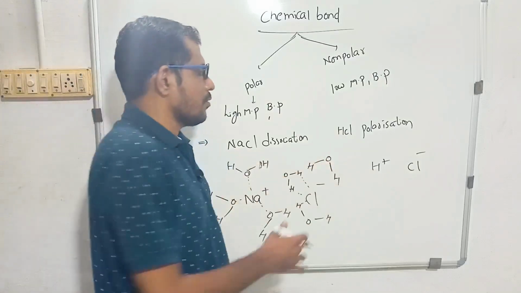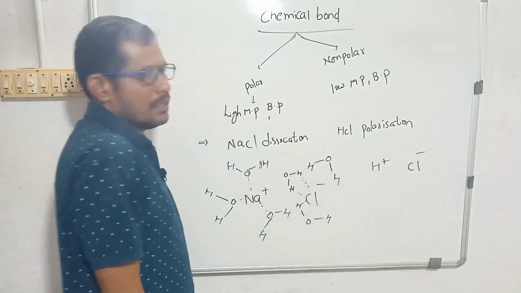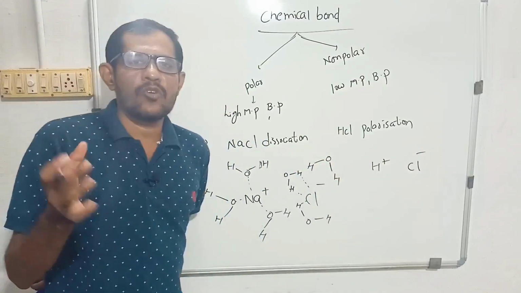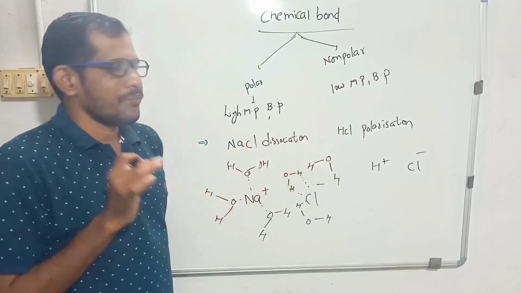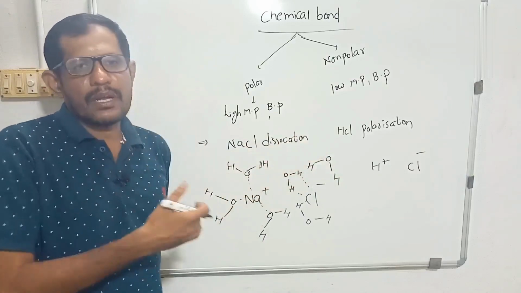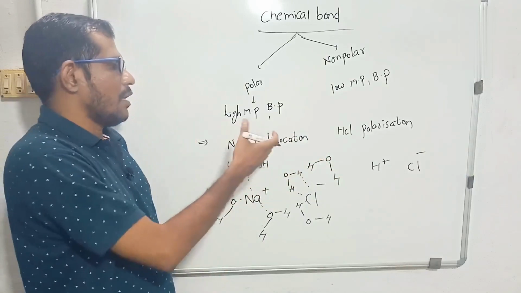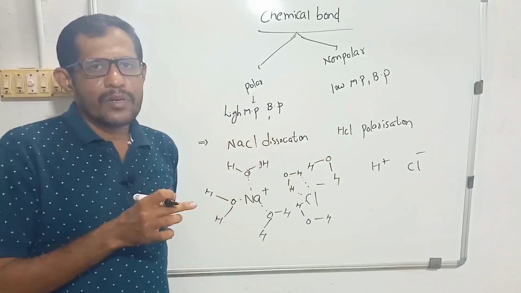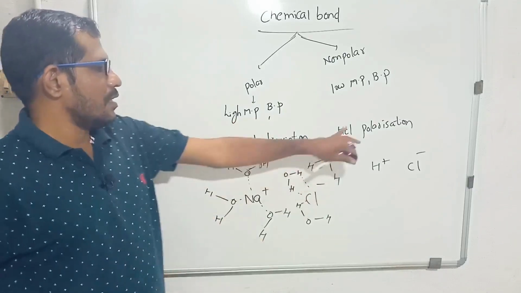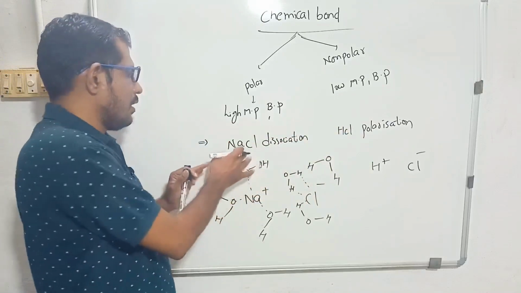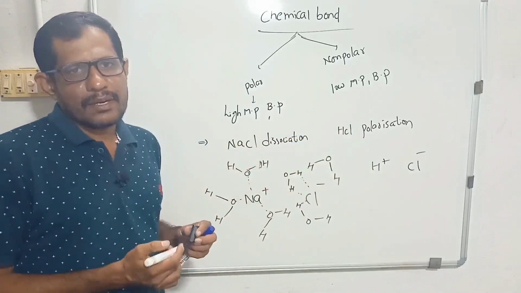Around the Cl minus ions, there is an accumulation of water molecules where the hydrogen atom faces the chlorine ion. Just keep in mind, NaCl dissociates in water, HCl ionizes in water, right?